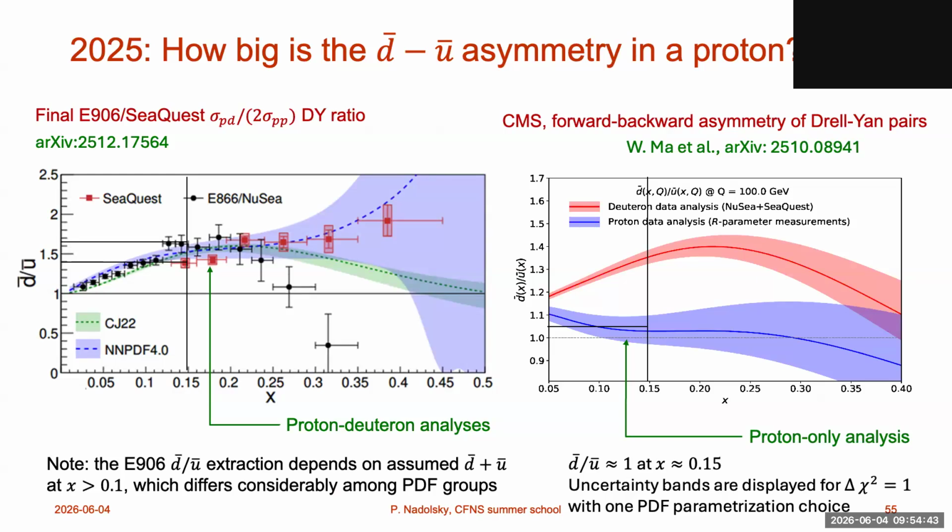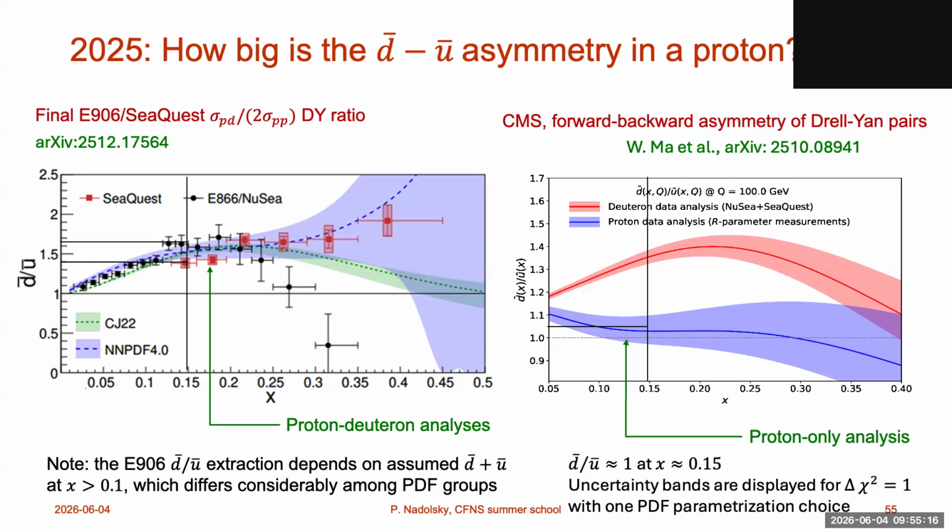First of all, if you take this new SeaQuest measurement and the E866 measurement, they sort of agree, but they don't quite agree with each other, right? And then there is another interesting result, actually a couple of them, published in the last year, that say that at least in some analyses of the LHC data, if you try to extract D bar over U bar, and let's again focus on 0.15, you can get an analysis where you get D bar over U bar equal to 1.